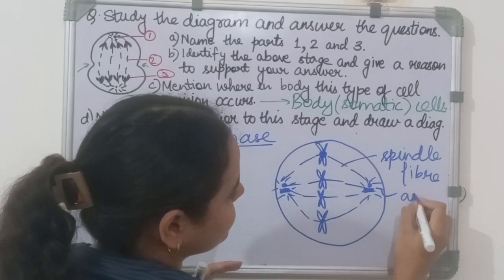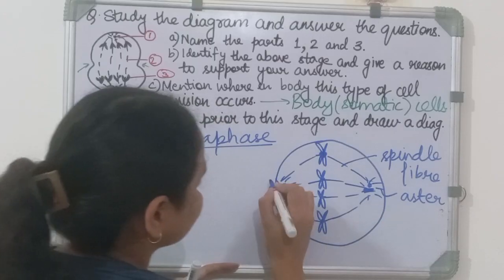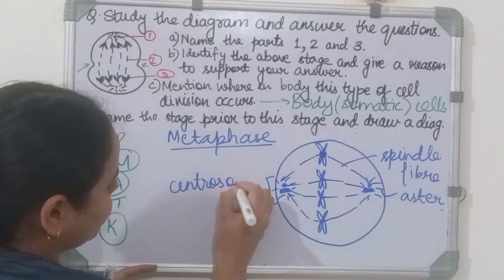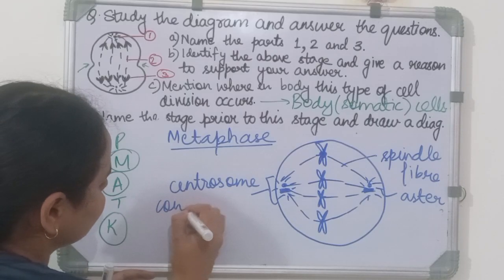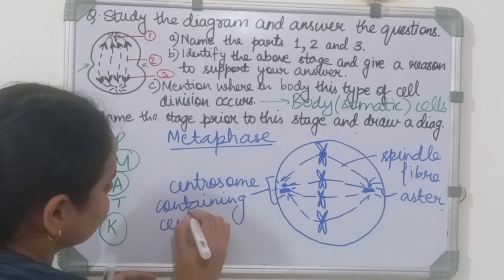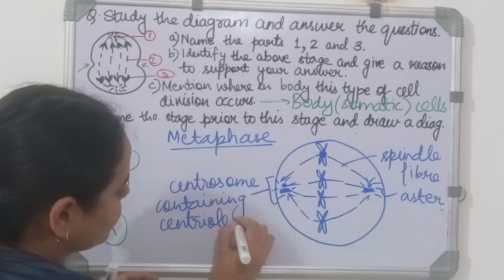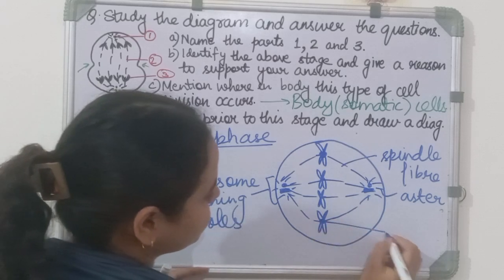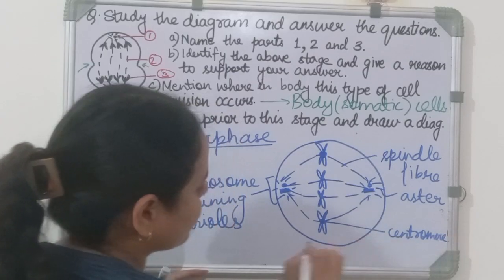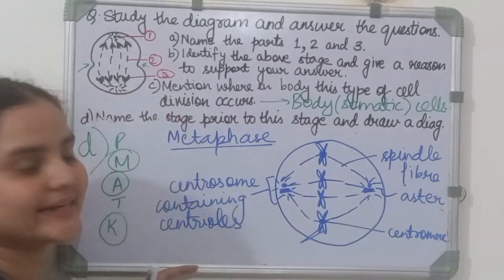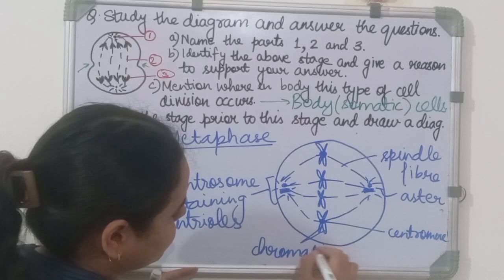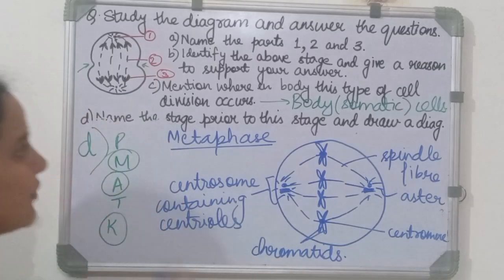This is aster. This whole is centrosome containing centrioles. This is centromere. These are the chromatids. Okay, I hope it is clear.